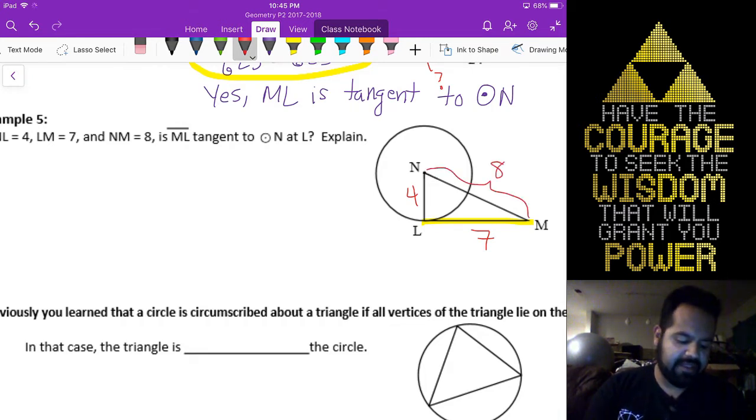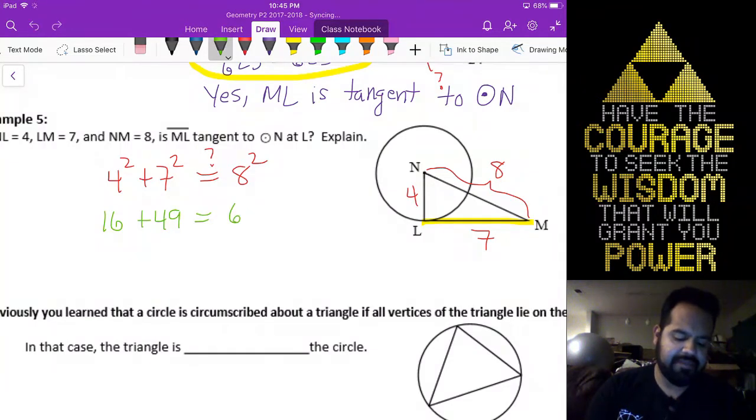So we're going to go ahead and check 4 squared plus 7 squared, and I'm going to put a question mark above here. Does this equal 8 squared? We're going to check right now. 16 plus 49, which is 65. And 8 squared is 64.